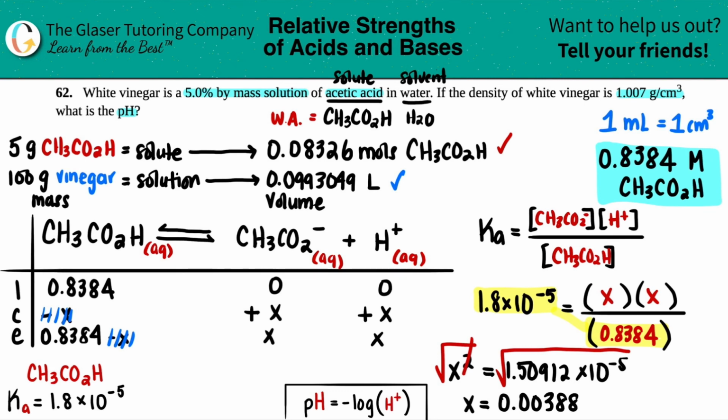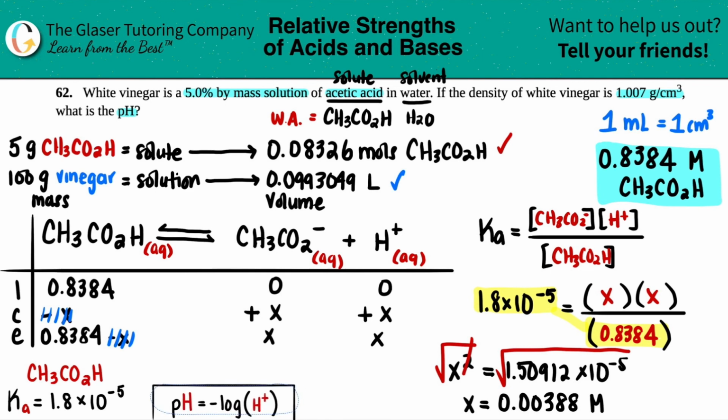And this is x. This is going back to the equilibrium line, so this is a molarity. Okay, so maybe if I can, I will get rid of this formula. Hang tight, guys. I think if I just move this over a little bit, I have some room over here.